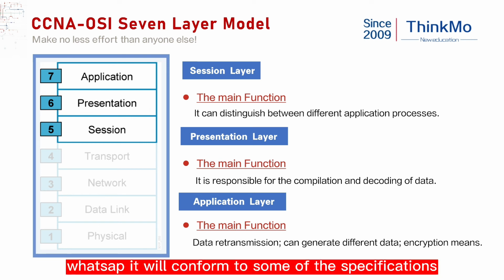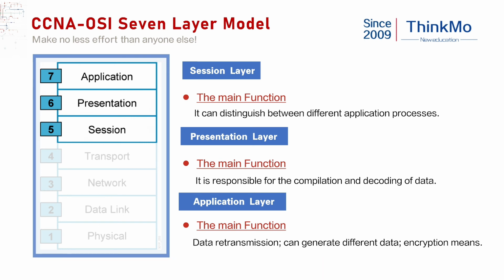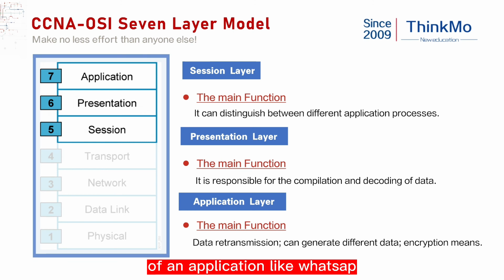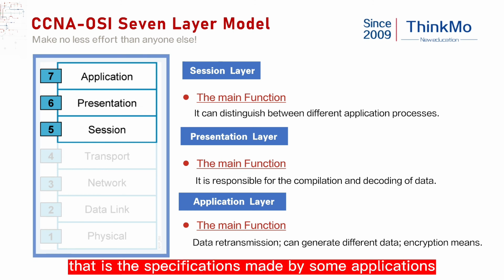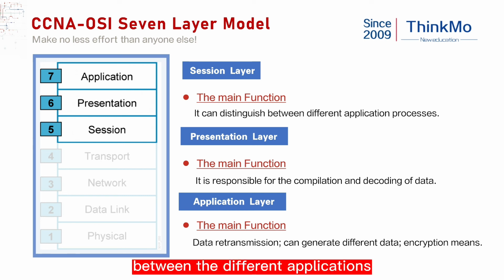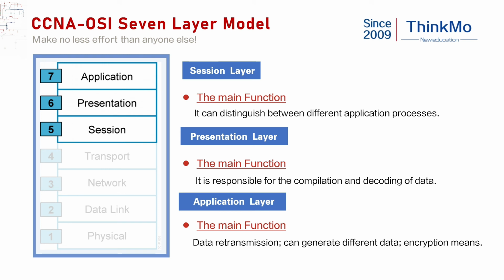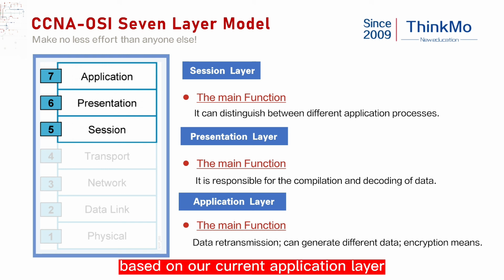WhatsApp will conform to some of the specifications of an application like WhatsApp, that is, the specifications made by the application. Between different applications, specifications are different, so based on our current application layer, different data can be generated.